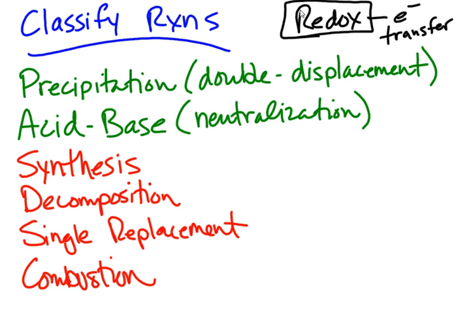It's also known as a double displacement reaction, where the cation of one reactant and the anion of another reactant end up meeting up, and then the anion of the first reactant and the cation of the other reactant match up. And then of course if a solid is formed, then you end up having a double displacement reaction.